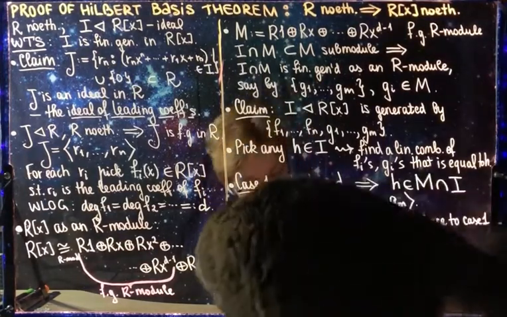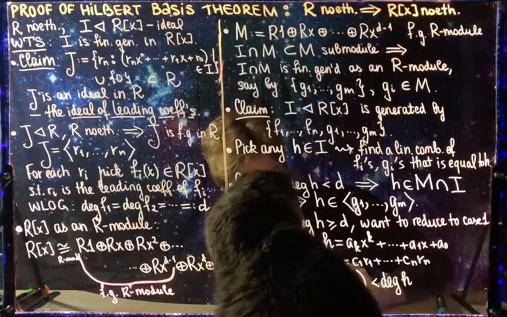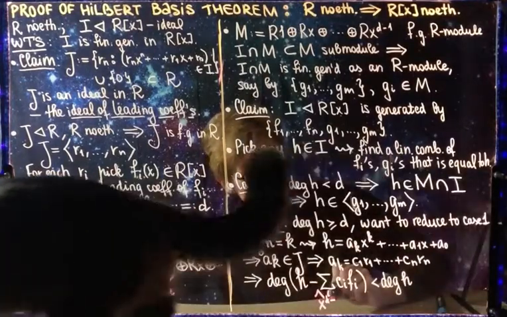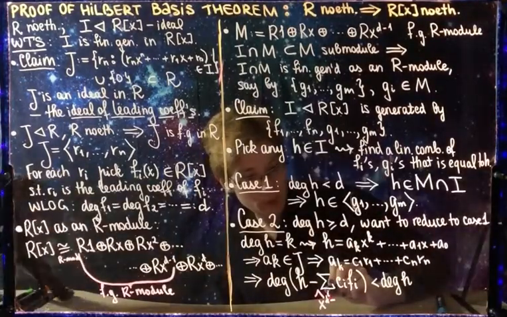So I multiply it by x to the power k minus d.